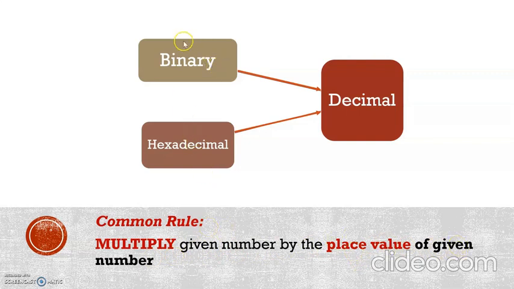For example, if the number is binary, each digit in that binary number, you are going to multiply with the place value of base of binary. So maybe this is going to be clearer when we look at the example later.